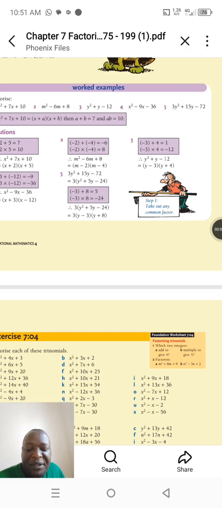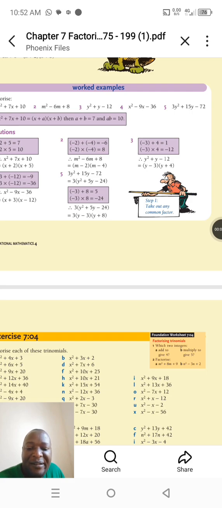Then for the expression in the bracket, we get the product, which is the coefficient of y squared and the constant value c. So the product is going to be negative 24, and the sum, which is the coefficient of y, is 5. So two numbers whose product is negative 24 and whose sum is 5. These numbers are negative 3 and 8. So negative 3 plus 8 gives us 5, and negative 3 times 8 gives us negative 24.